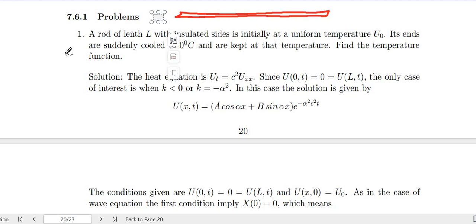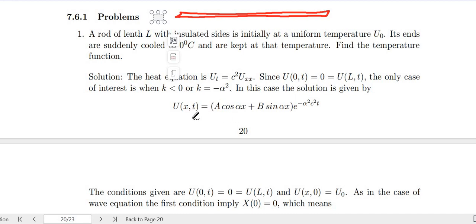Steady state means the temperature will not change with respect to time, and when k is positive, the temperature increases exponentially, which practically cannot happen. So the remaining case is when the temperature changes with respect to time. Whenever you keep an ice cube on both sides, the temperature of other points will change with respect to time. That's why you have to take the case k less than 0.